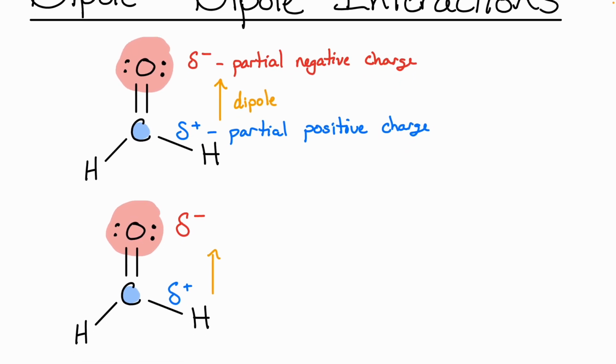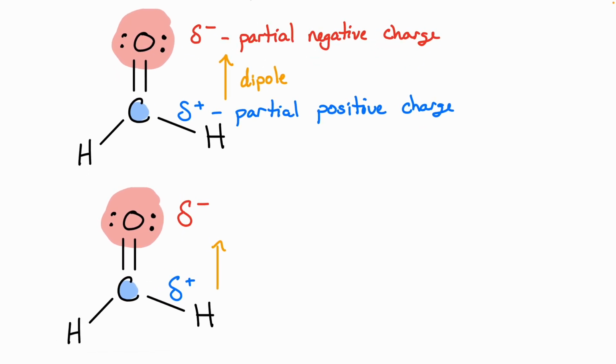And so this dipole-dipole interaction is the negative end of one molecule interacting favorably with the positive end of its neighbor, right? The partial negative oxygen of one molecule interacting with the partial positive carbon on its neighbor.